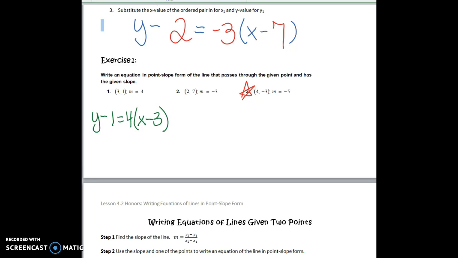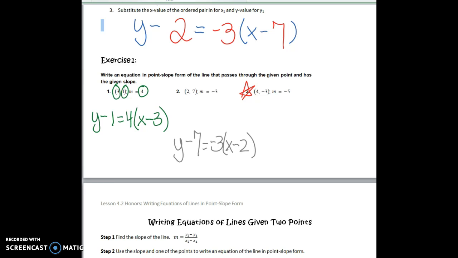And that's it. All you're doing is substituting in x1, y1, and m. For number 2, y minus your y value equals your slope times x minus the x value given. Now those are easy because you're dealing with mostly positive values.